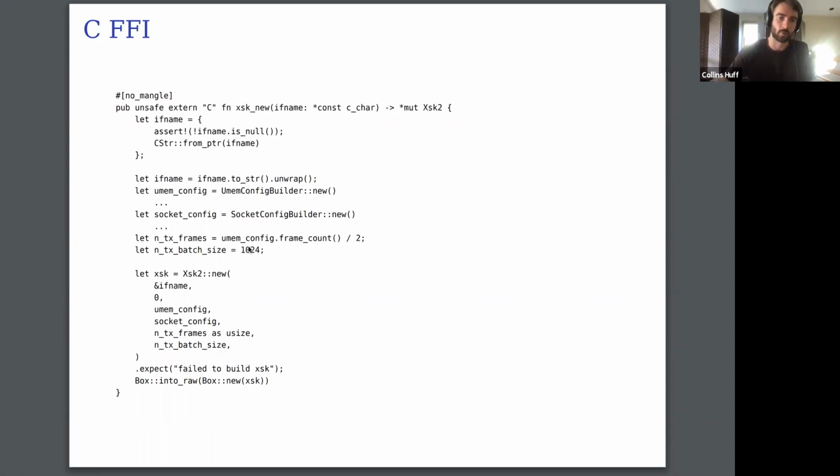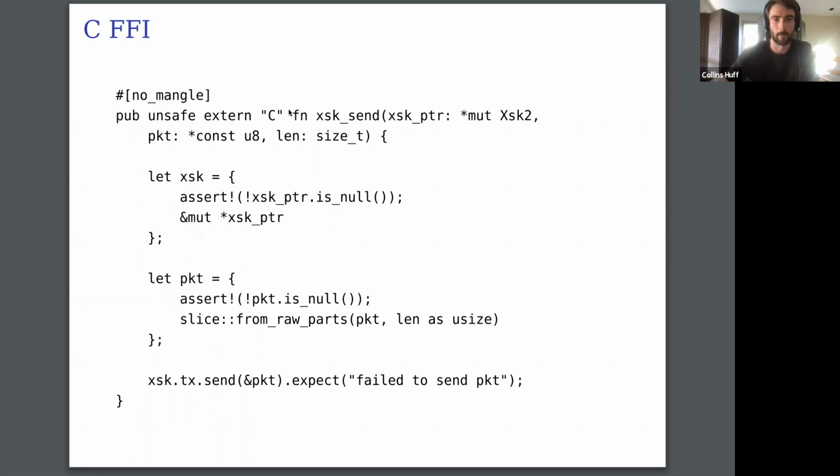But yeah, this creates our XSK struct, turns it into a pointer, and then returns it. When we call send, it takes in the XSK pointer, asserts it's not null, does the type conversion, and then constructs a slice from the packet data, which is passed in as a pointer and a length, and sends it.